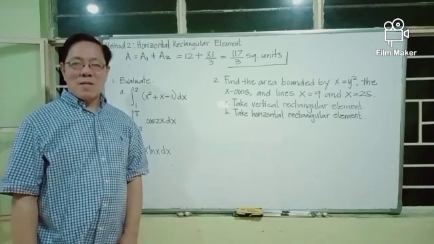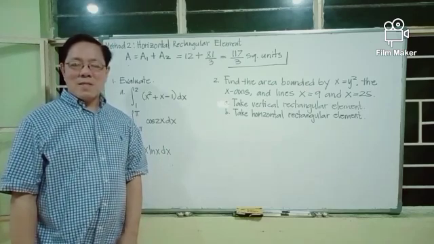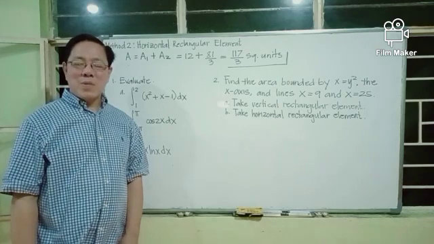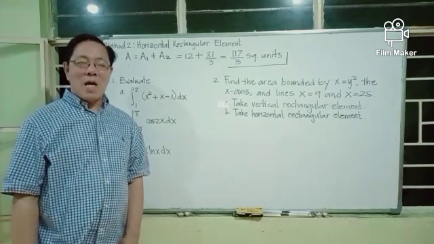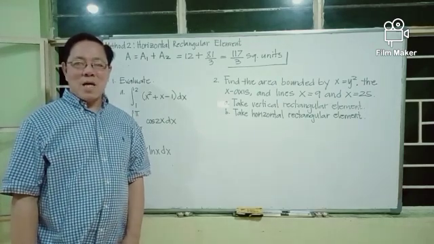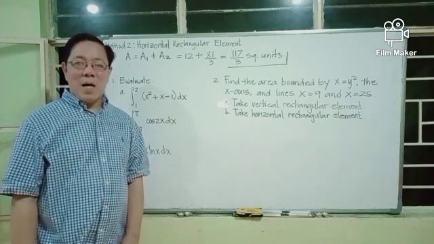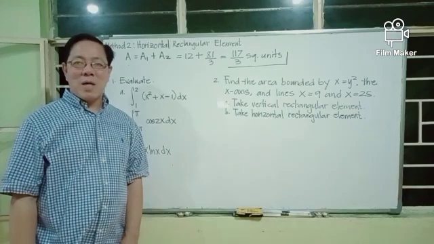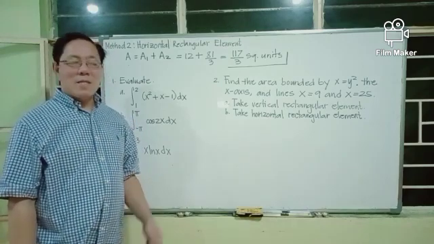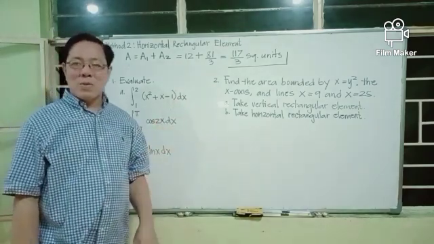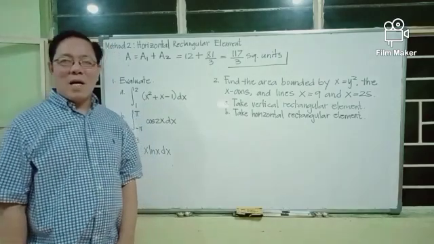But you can also see that it's easier to obtain the required area using a vertical rectangular element, in which you do not have to divide the required area into two areas, unlike in the second method where we took a horizontal rectangular element.